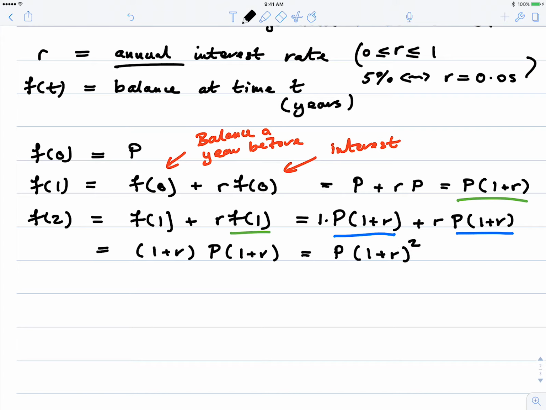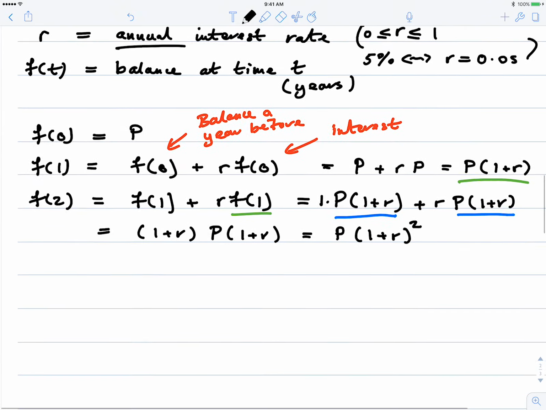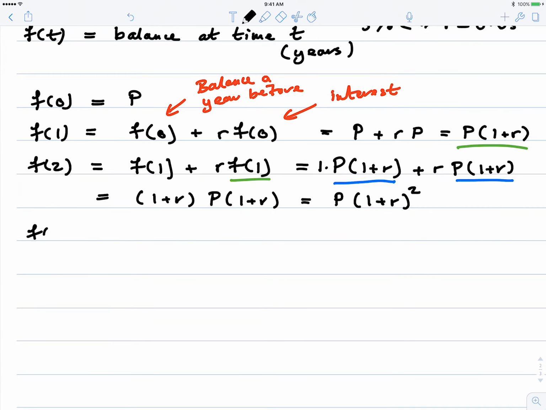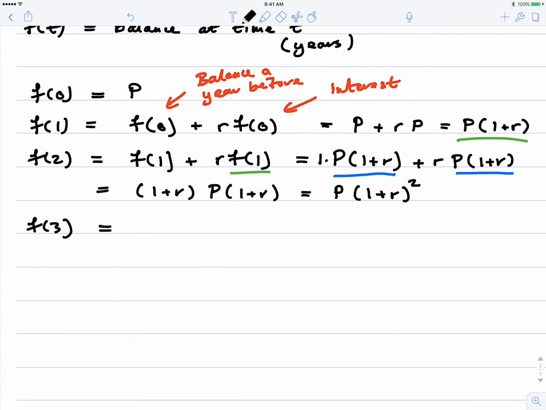So you see there's a pattern emerging. We've compounded once, that corresponded to multiplying the initial deposit by 1 plus r, and we've compounded a second time, and that corresponds to multiplying it by 1 plus r twice. If we went through exactly the same procedure with f of 3 and simplified, this would turn out to be equal to p times 1 plus r to the 3.